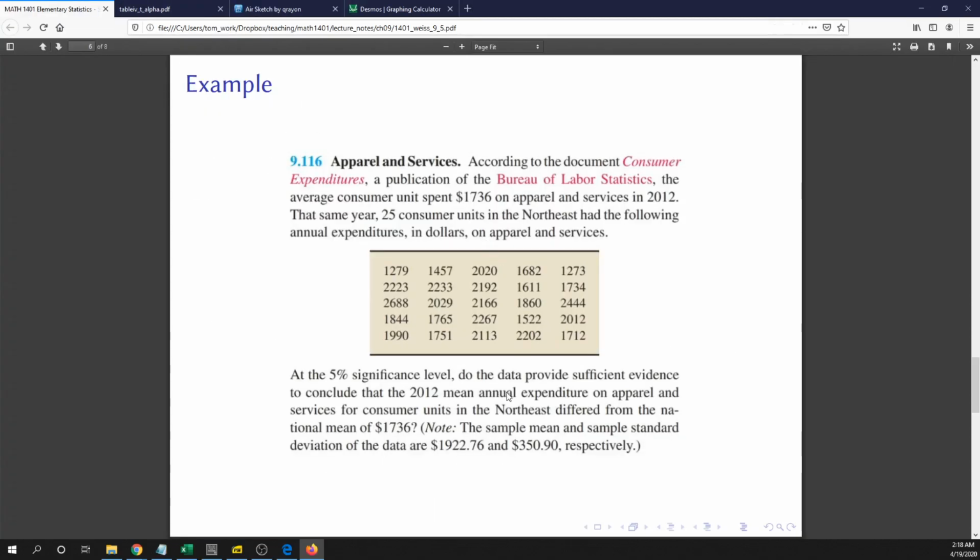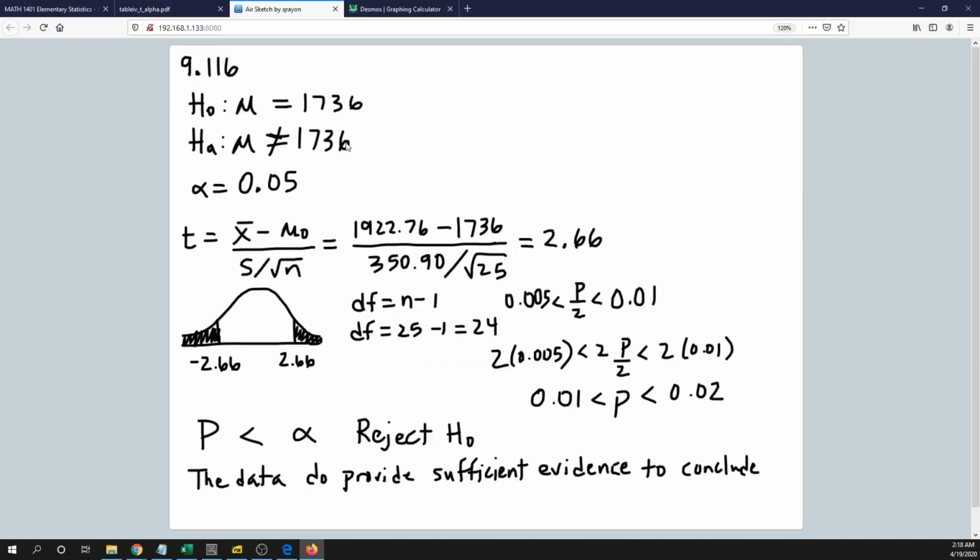This is talking about mean annual expenditure on apparel and services. So our null hypothesis is that there is no difference. So the data do provide sufficient evidence to conclude, and then the alternative hypothesis, stated in terms of the problem.